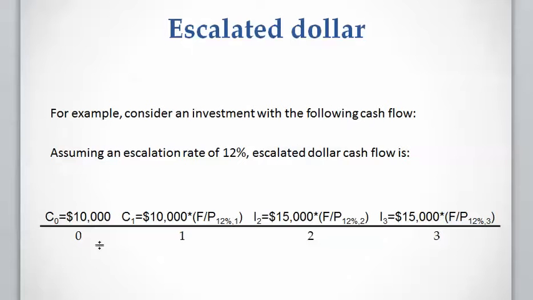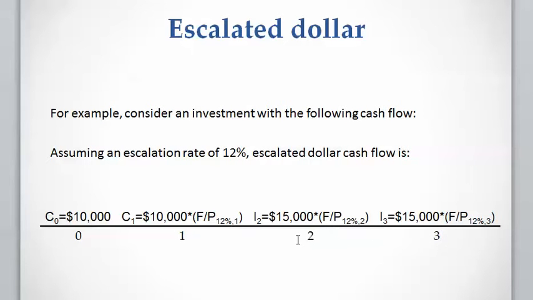As you can see here, the present time payment is not going to be affected by the escalation. The first payment, which was at year one, is going to be multiplied by the factor F over P, 12% escalation rate, and 1 year of compounding. And the same for the other payments.